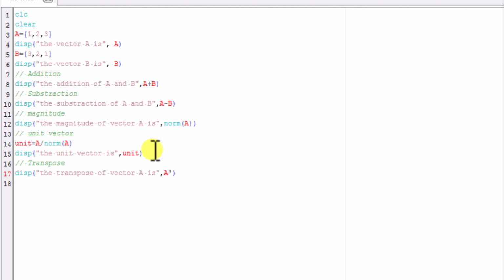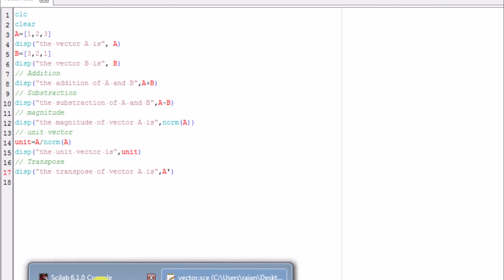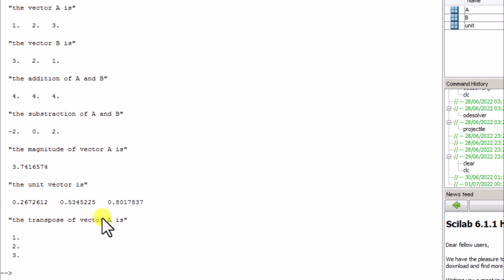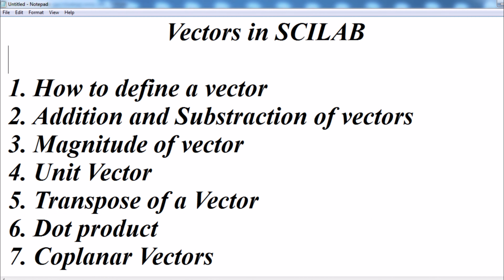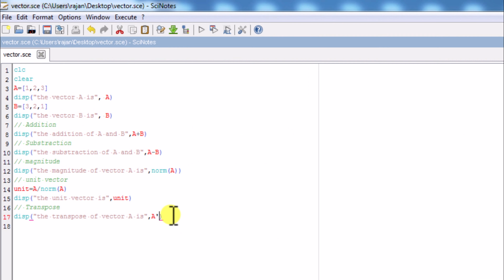So A prime will give the transpose of vector A in Scilab. So let us see the output. The transpose of vector A is, we can see 1 2 3, and now it has become column wise. So the transpose of vector A can be calculated just by taking A prime. Now what is the next topic? Dot product. So how can we calculate the dot product?